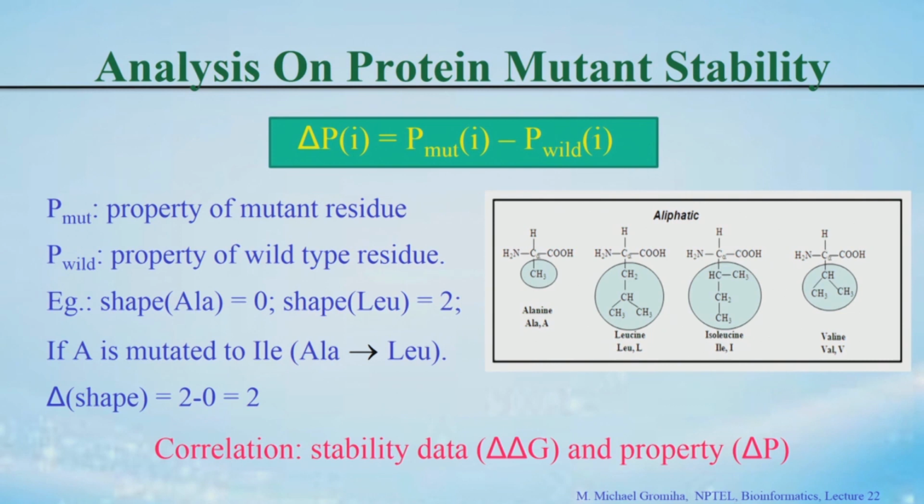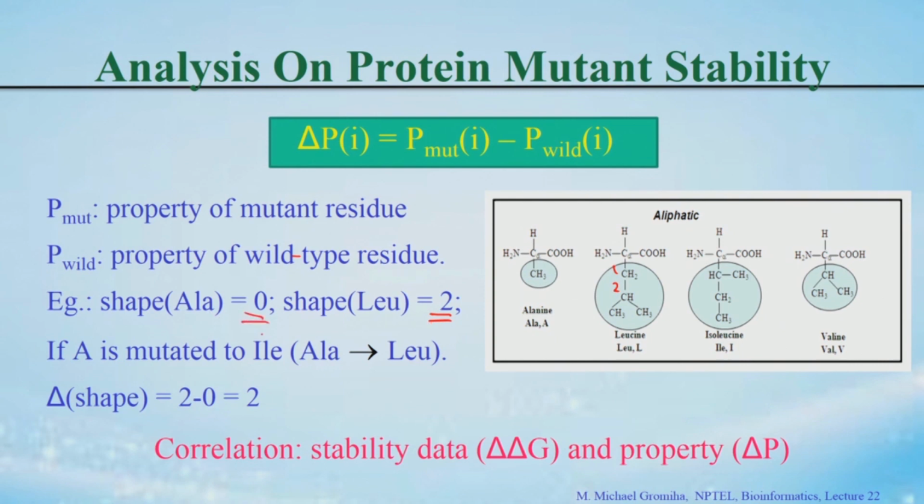So, for example, P mutant is the property of the mutant residue and P wild is the property of the wild type residue. For example, you take the shape, shape tells you the branching. For example, alanine there is no branch. For example, if you take the leucine, 1 2 1 2, second CH you get the branch. So, in this case shape of leucine equal to 2, shape of alanine equal to 0.